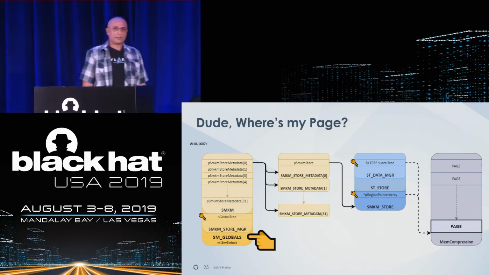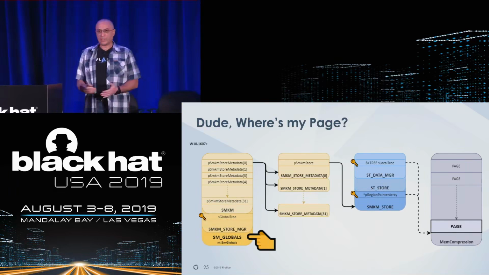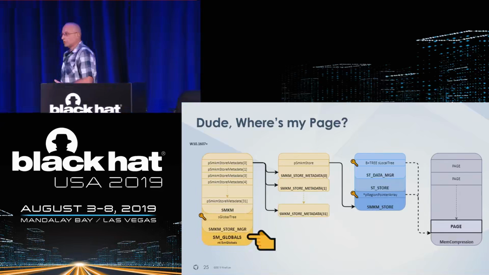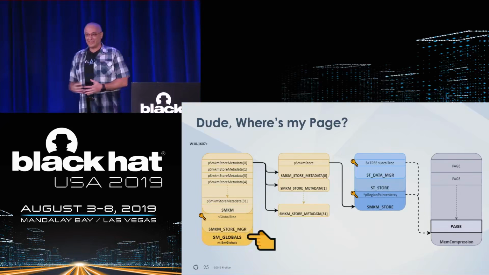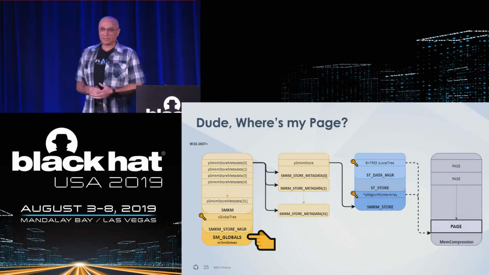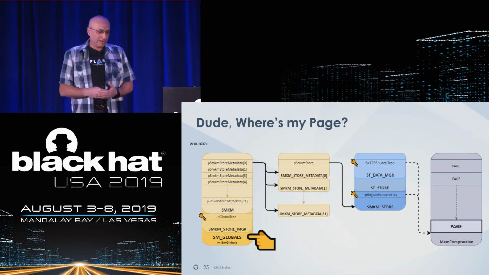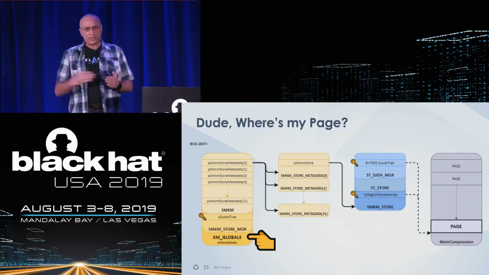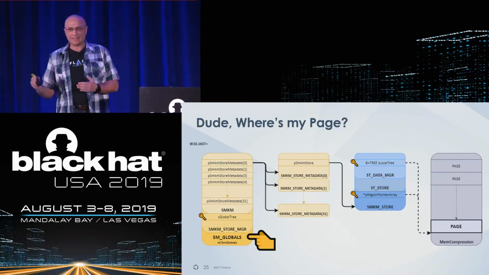So the next few slides are going to be a bit more technical, and I apologize for that. The content will be a little bit drier, and I know it's after 5 p.m. on the last day of the conference, and you guys are probably tired, but I think it's really important to understand how we get from the page key all the way to the compressed page in memory. What does it take?